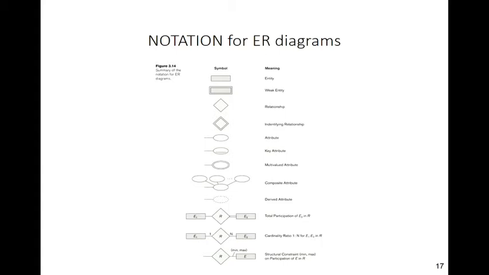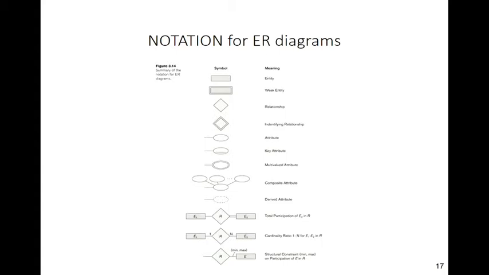Okay. So if we start at the very top, we have an entity. An entity, as we said, is just a straight rectangle. So just put the name of the entity in there, and that represents this. We have the idea of a weak entity.